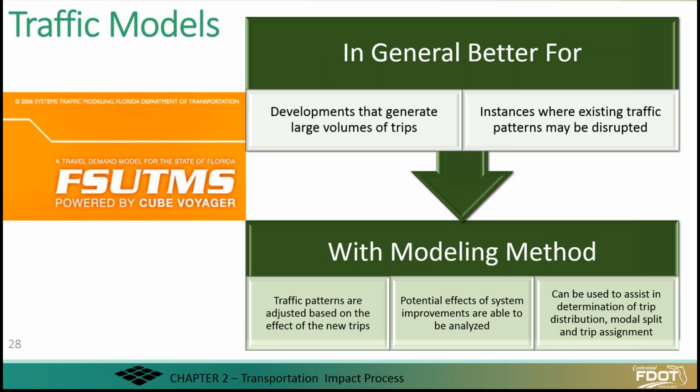Instances where existing traffic patterns may be disrupted are also prime candidates for the traffic model. So if you're putting in especially a very large development on a green site where there's been no prior development, the impact of that new development may be completely out of line with what has historically been the situation in that area, and you may want to use a computer model to do that site impact for you.